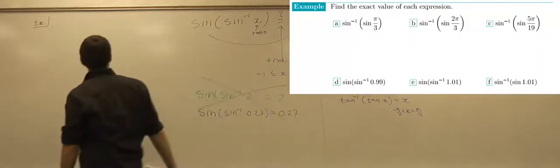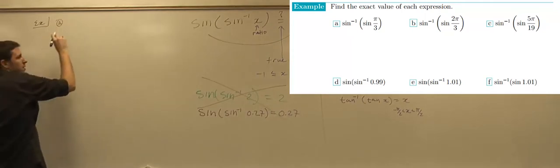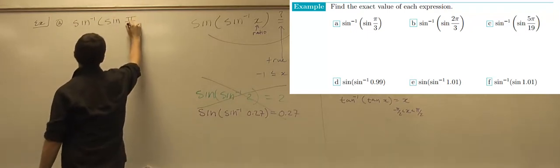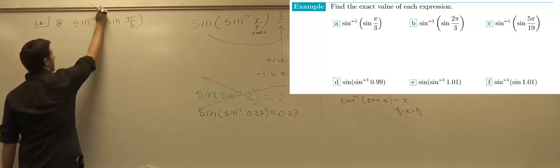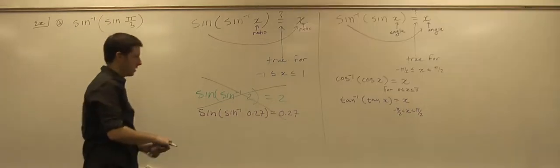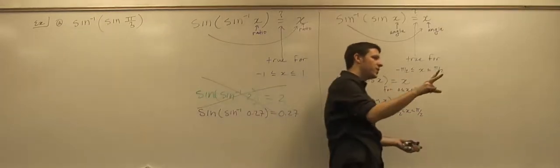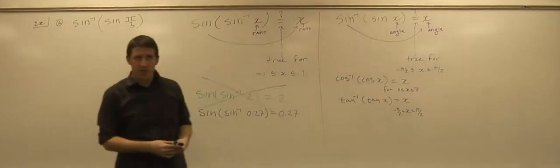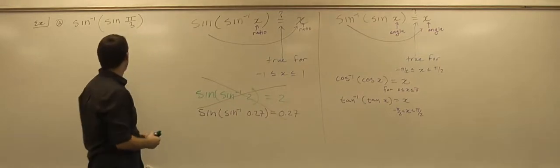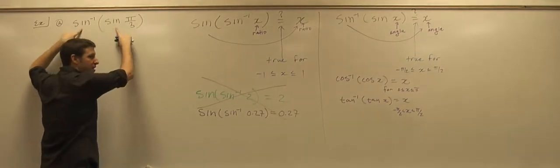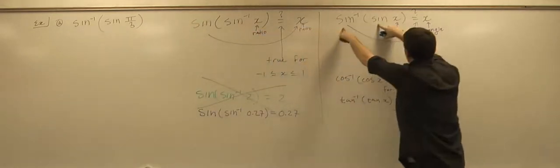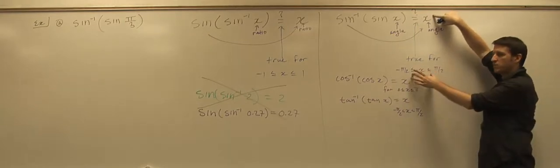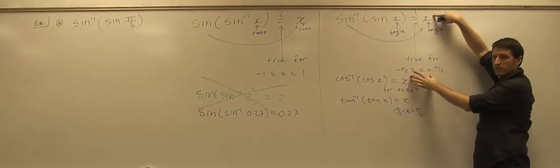Find the exact value of each expression. Sine inverse of sine of pi over 3. Now for this one, there's two ways I can do this. One way is to trust and believe in logic, and say that if I want to take sine inverse of sine of an angle, that's going to be equal to the exact same thing as long as you're between negative pi over 2 and pi over 2.